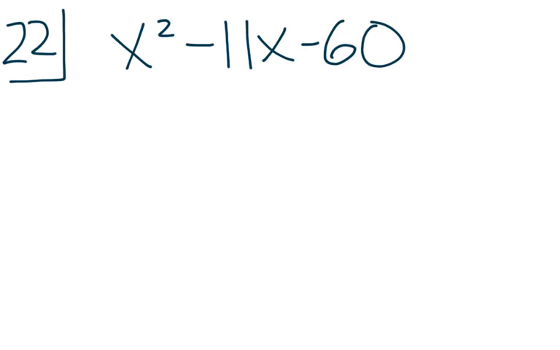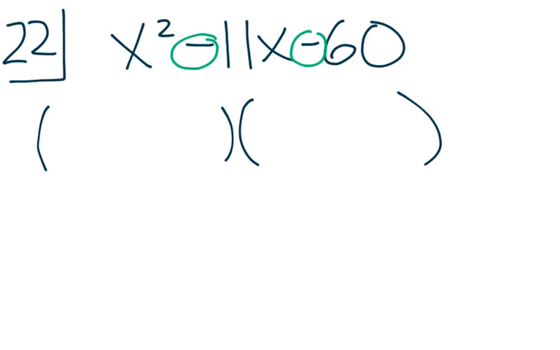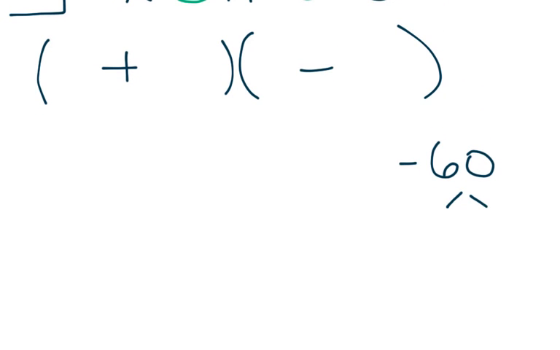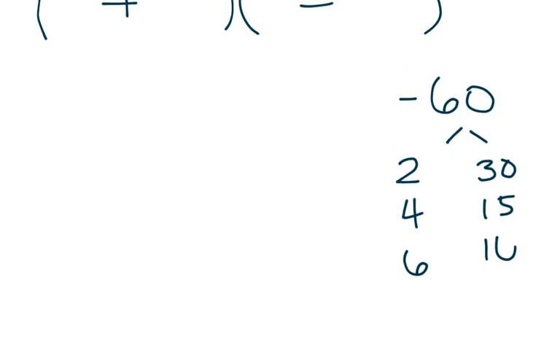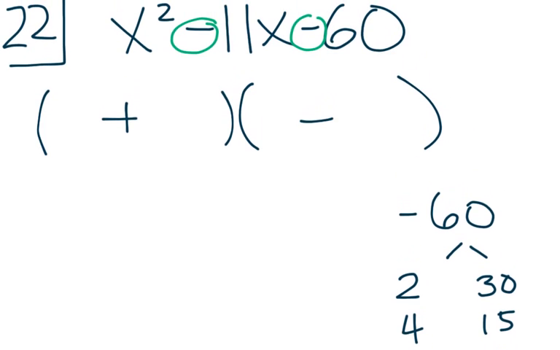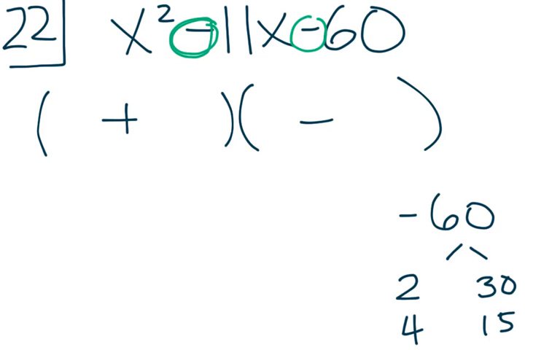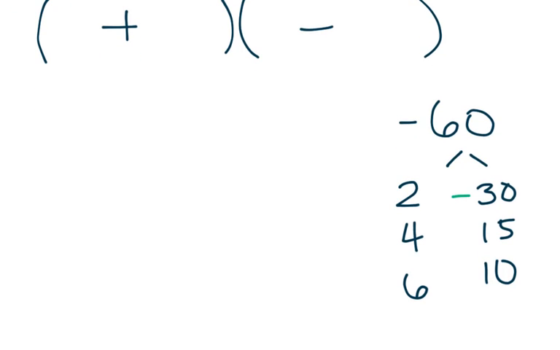For number 22, once again, we have a negative and a negative. So what that means, anytime you have a negative or a minus sign in front of the last number, you always have one plus and one minus. So we're going to look for two numbers that multiply to equal negative 60 and add to equal negative 11. So we have 2 and 30, 4 and 15, we have 6 and 10, anything else? That's about it. So if we look at this, this is negative, which means that the larger number of these is going to be negative.